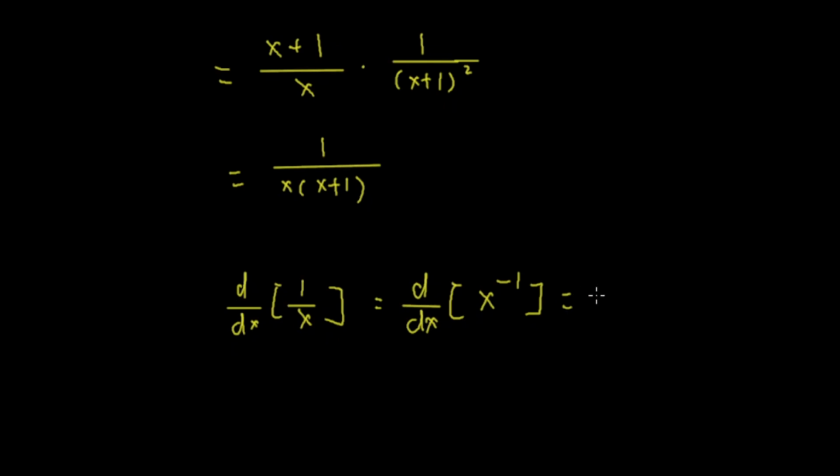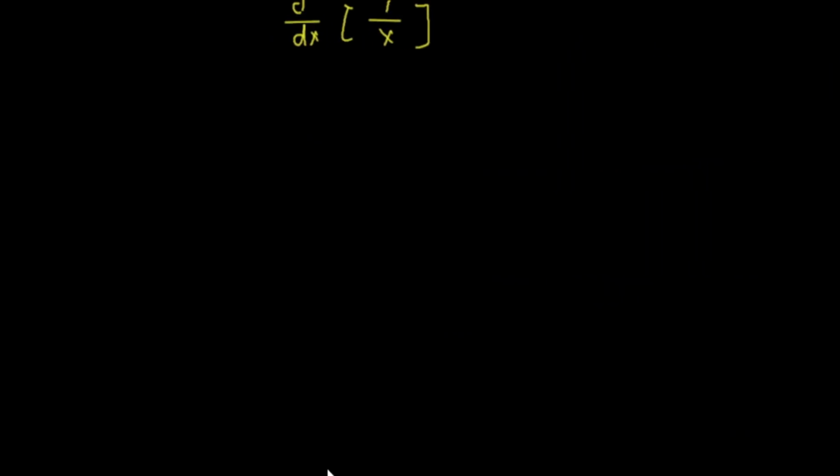And that is just equal to negative x to the power of negative 2. And that's just equal to negative 1 over x squared, okay? So this divided by this. So we can write this here.